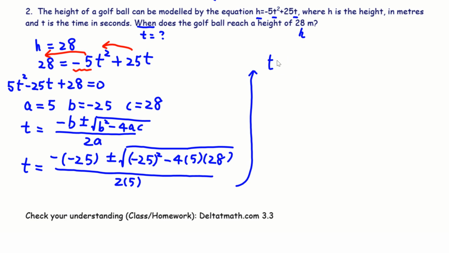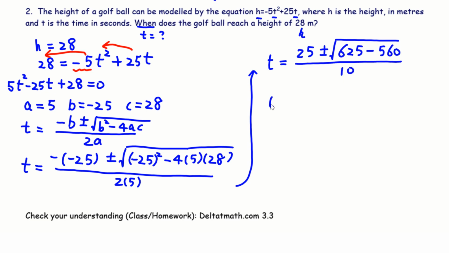Then t equals, negative negative becomes positive, so positive 25 plus minus square root of negative 25 squared, which gives you positive 625, minus 4 times 5 times 28, which gives you minus 560, then all over 10. And t equals 25 plus minus 65 over 10.